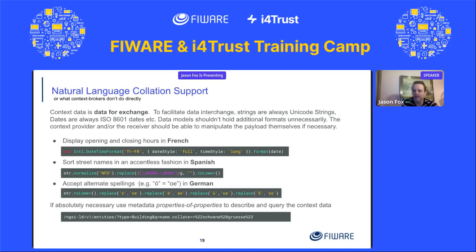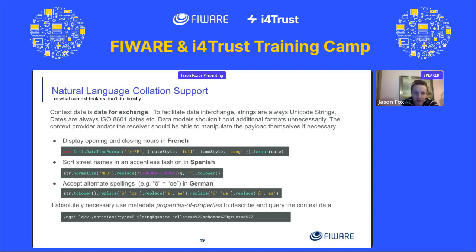A context broker is not a panacea. Don't expect context brokers to do things they don't do. So it is difficult to, say, get dates out in French, because there's never going to be an attribute for observedAt in French.